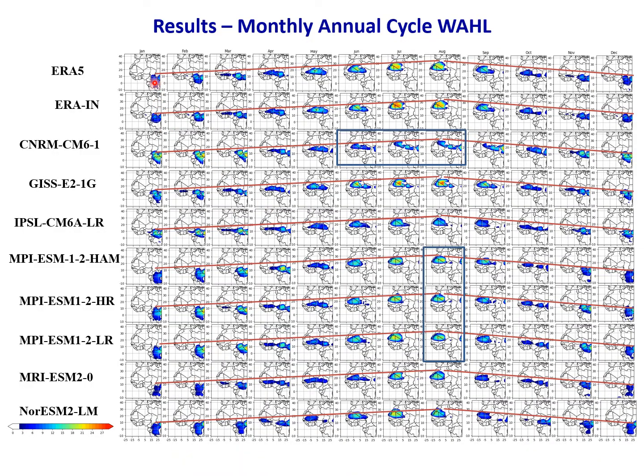So what is seen in the reference dataset is that the heat low is located in the southeastern part of the region and then moves to the northwestern part of the region in August. The intensity increases from January to August and then goes back to low intensities in December.